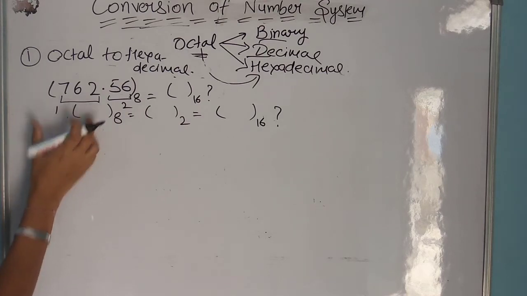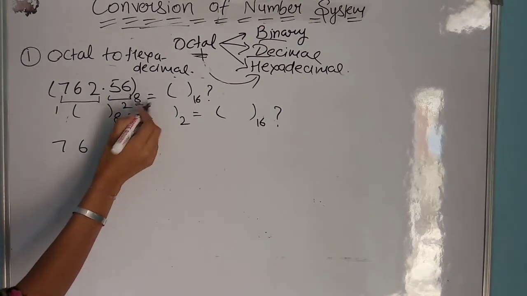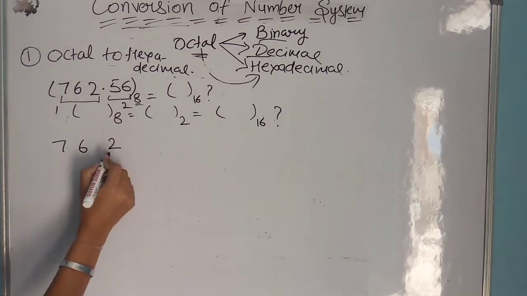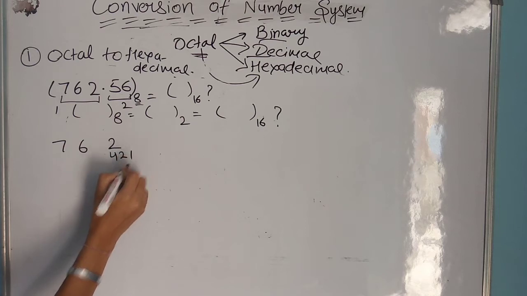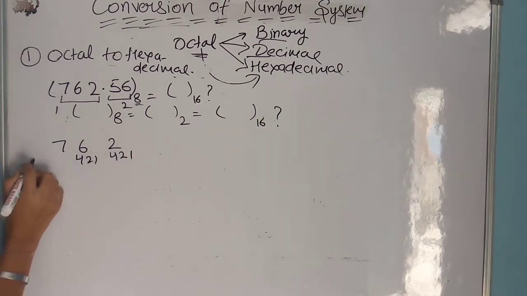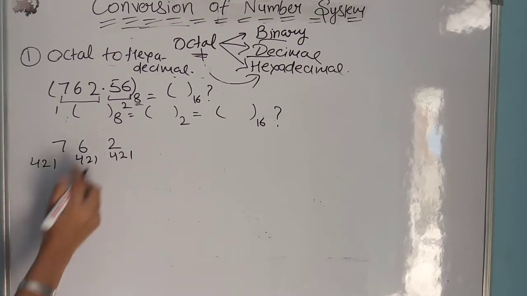So now fetch this part only. Okay, and this is an octal number, and we use only a 3-bit code. Okay, for 2 we use 4 2 1, for 6 we use 4 2 1, and for 7 we use 4 2 1. Okay, so now make the combinations.